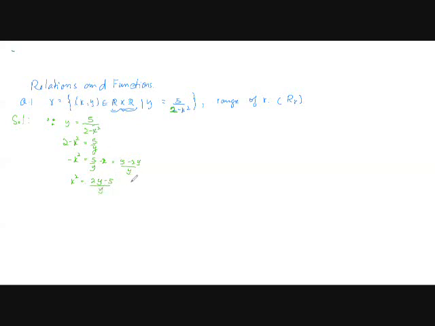Then from this case we know y shouldn't be 0, right? Then x is going to be plus minus the square root of (2y minus 5)/y. When we have this, the value of x is plus minus.